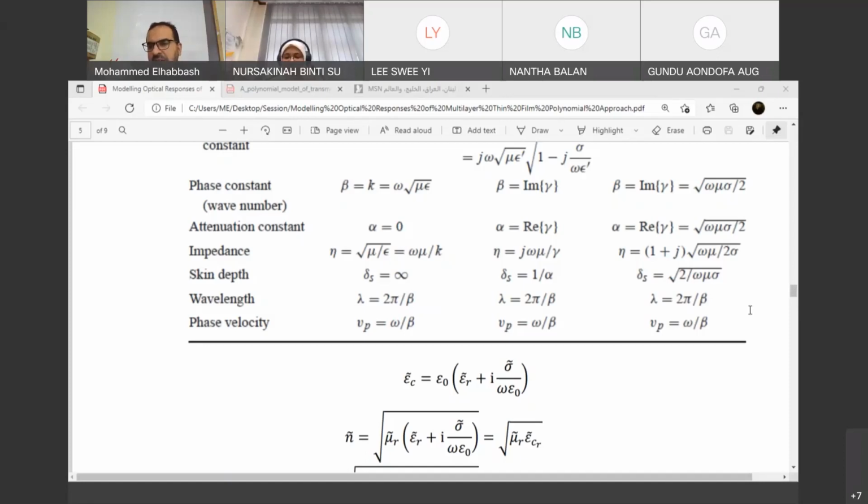Every material has its parameters. In mathematics, we use complex numbers to represent something in our physics. For every equation or parameter, the real and imaginary parts have their meaning.